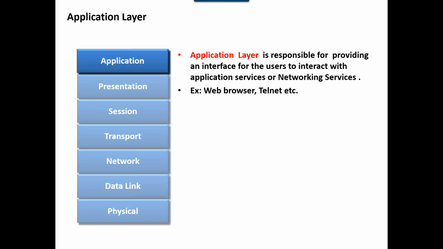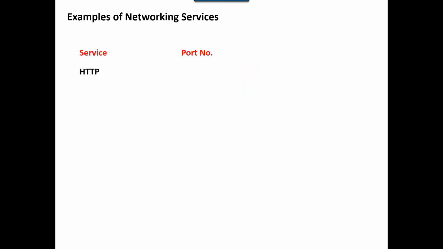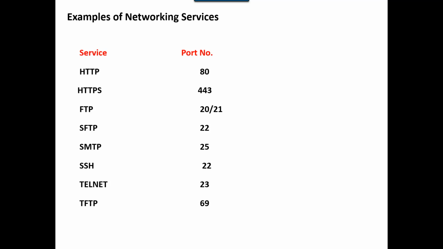Port numbers are for services, not for client or server. For the HTTP service, the port number is 80. For FTP 20, SMTP 25. Regularly used services are something like SSH 22, Telnet 23, TFTP 69. For every service, one port number is reserved from 0 to 1023.